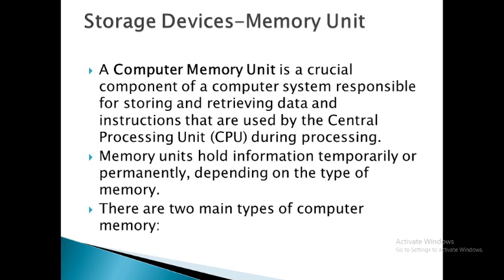This unit holds information, either temporarily or permanently, and this depends on the type of memory. This is because we have two types of computer memory: the primary memory and the secondary memory.